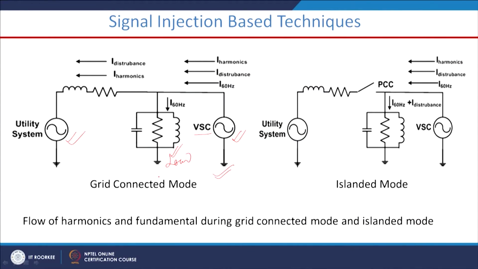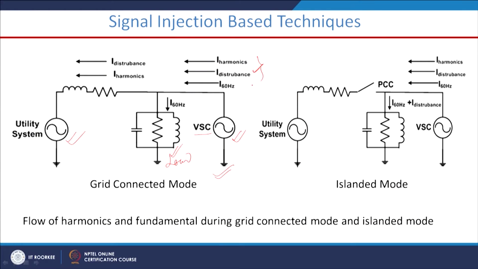During the grid connected mode, we inject this I disturbance with a certain low frequency, let us consider 30 hertz, if our fundamental frequency is 60 hertz or 50 hertz. And these are the harmonic currents, which appear due to the presence of nonlinear loads or electronic components or devices in the circuit.